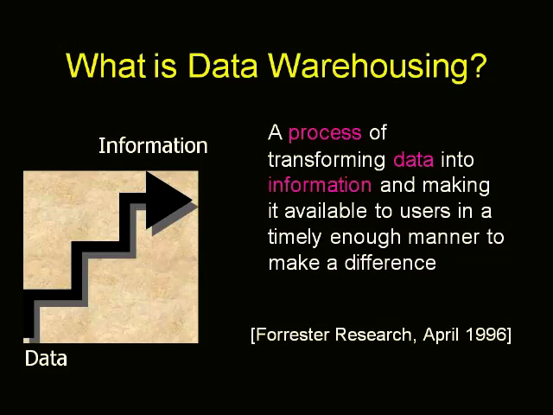Data warehousing is a process of transforming data into information and making it available to users in a timely enough manner to make a difference. You all know that whether you use a database system or a data warehouse system, providing the right information at the right cost for the right user at the right time is important.